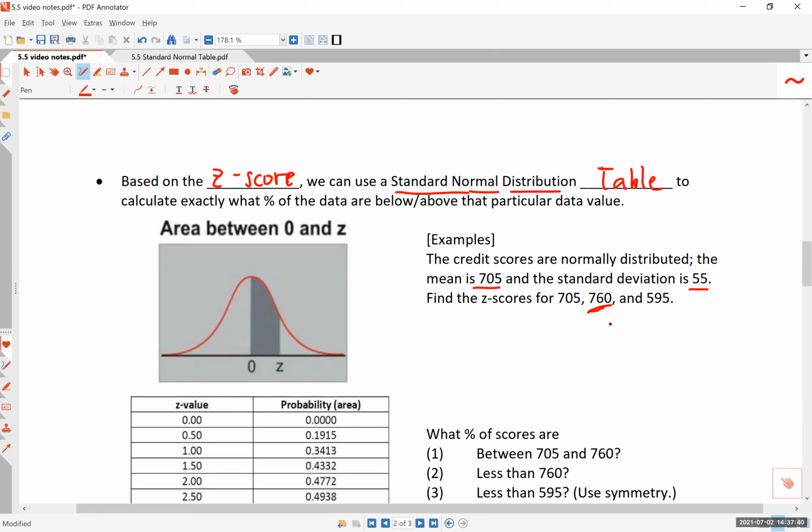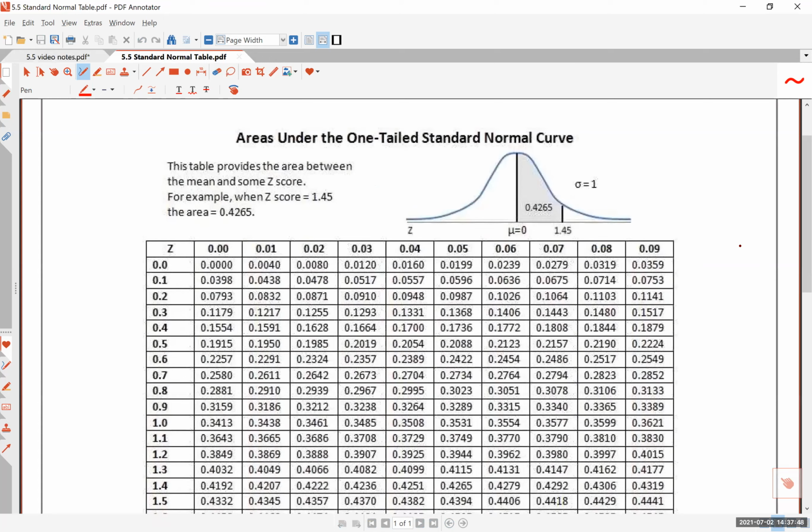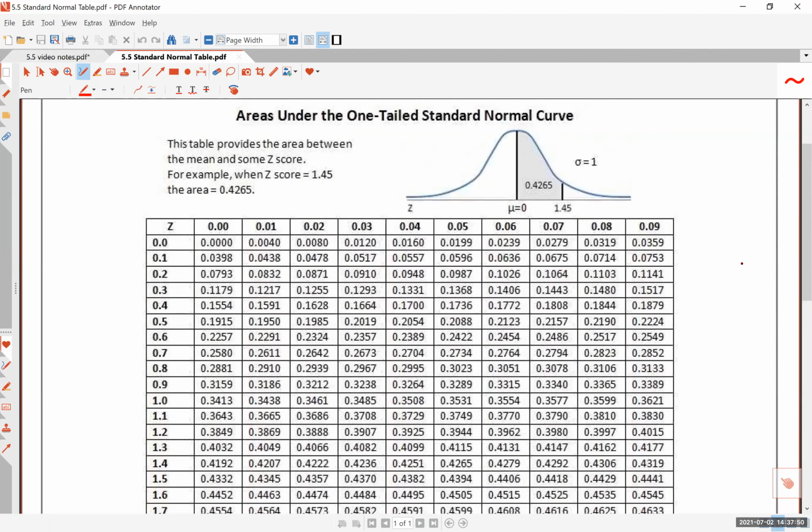If you have not printed out or accessed the standard normal distribution table, it looks like this. This is the more precise version I was referring to a few minutes ago. It'll tell you the percentage, in decimal, of the area between mu, which is the mean, and the z-score of 1.45.